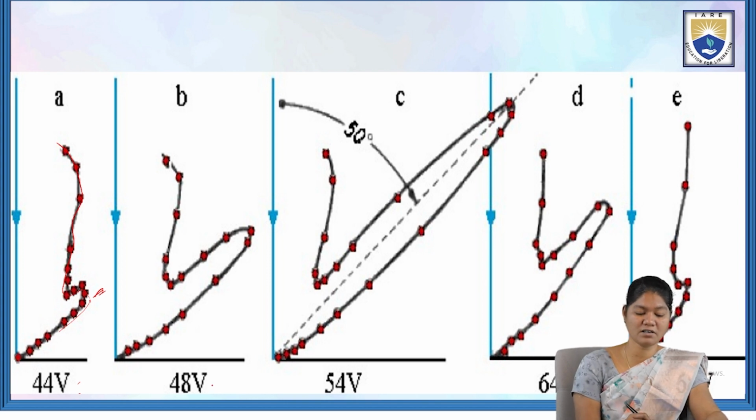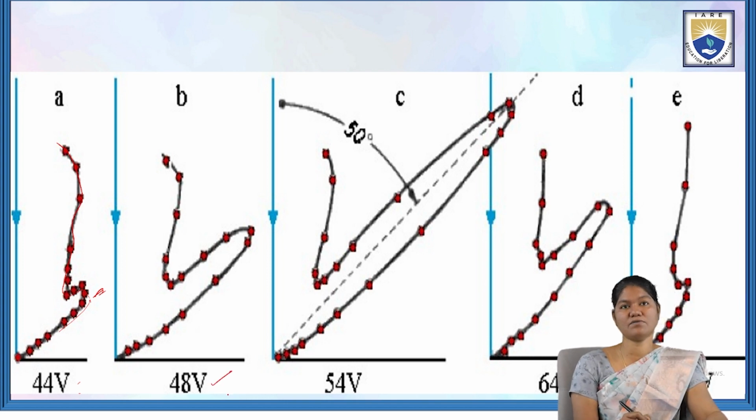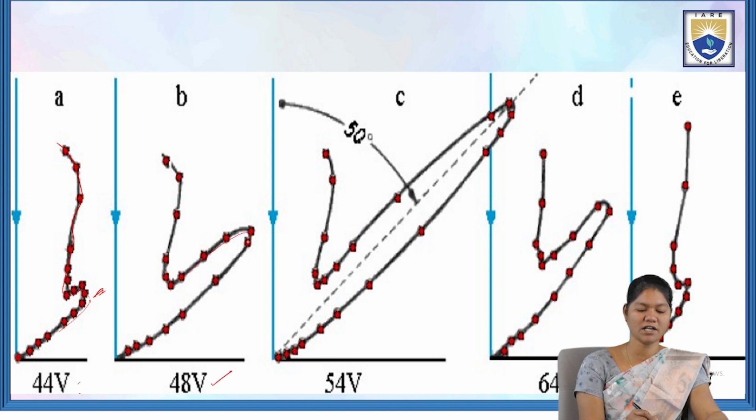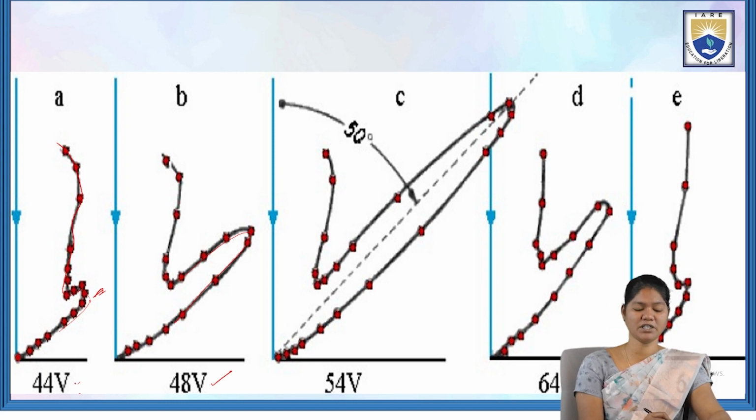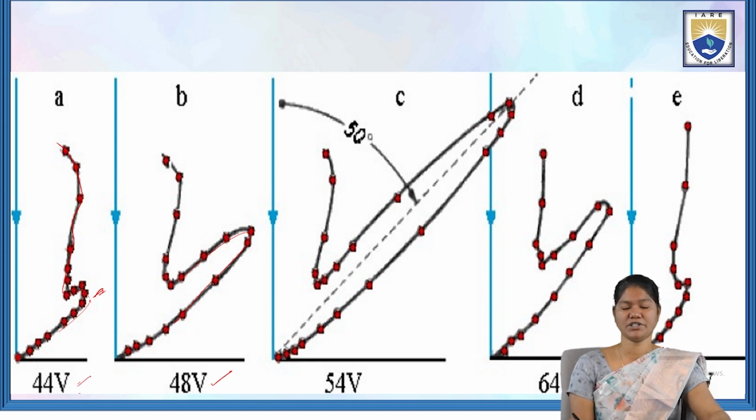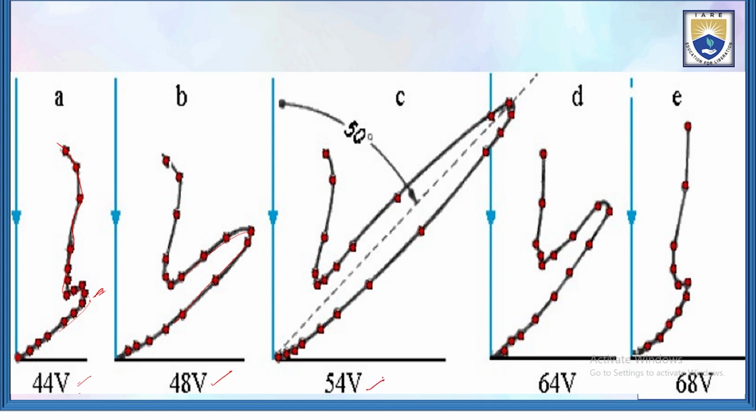When we increase to 48 volts of accelerating potential, the beam is somewhat higher compared to the low accelerating potentials. At 54 volts, we can see a large bump. The angle is 50 degrees.